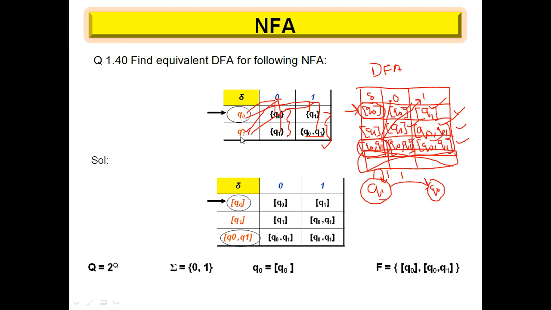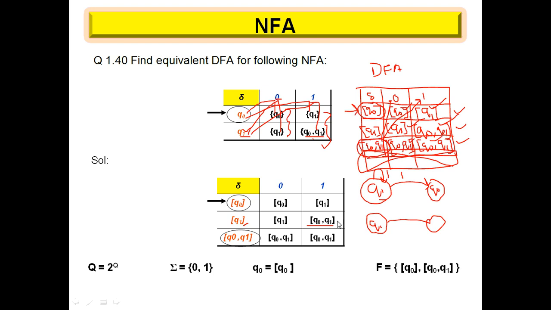So Q1 after reading this one goes to Q0 and Q1. So it is clearly visible, this is an NFA, yes or no? This is the difference between NFA and DFA. So this is the DFA equivalent, which I am making right now.